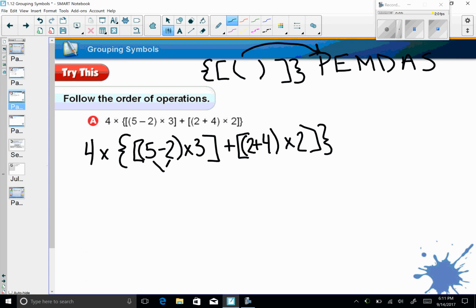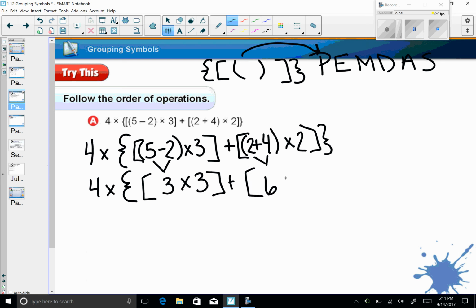So I have parentheses right here. 5 minus 2 equals 3. All right. And then I'm going to recopy this particular part. Plus, I have another set of parentheses here. 2 plus 4 equals 6. Again, I'm bringing down all of the symbols I have not used yet.